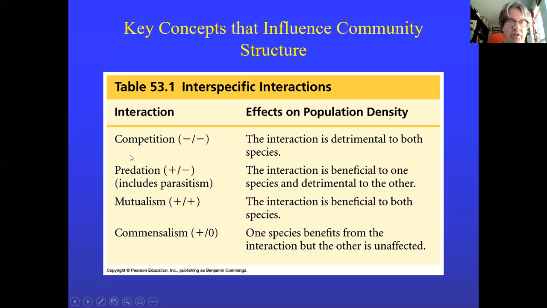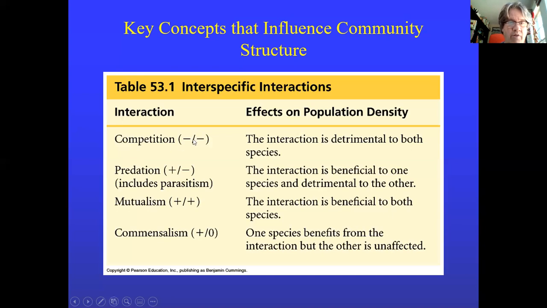You could also have predation, where one organism is eating another. That would include parasitism and disease, which are both forms of predation. There's mutualism, where organisms interact in a way that is beneficial to both, so they cooperate in some way. And there's commensalism, which is an interaction that's good for one organism and not bad, but kind of neutral, for another organism.